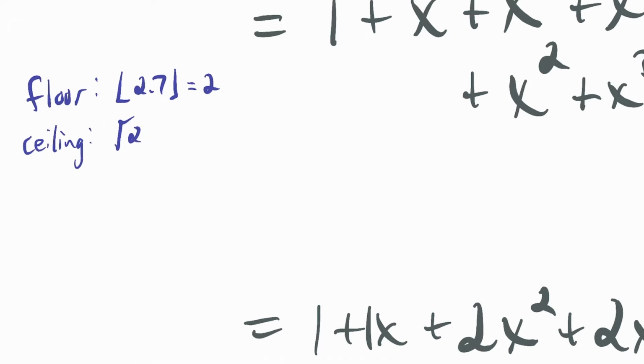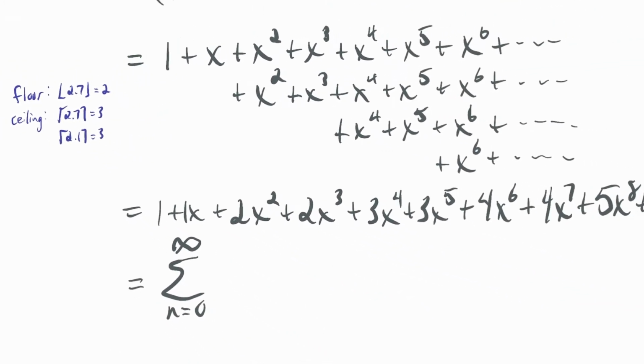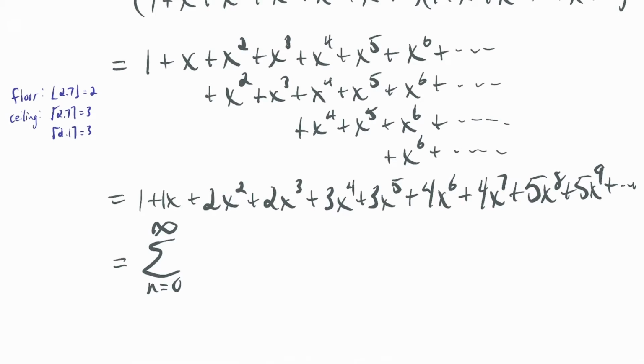It rounds up to the nearest whole number. If you plug a whole number into either one, nothing happens. But basically, floors round down, ceilings round up. So 2.7 is rounded down for floor. 2.1, the ceiling of that is 3. You round up, okay? So what we could do is say this.